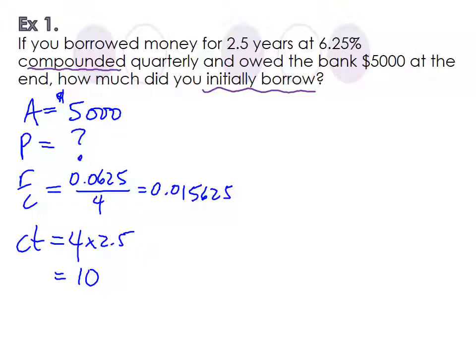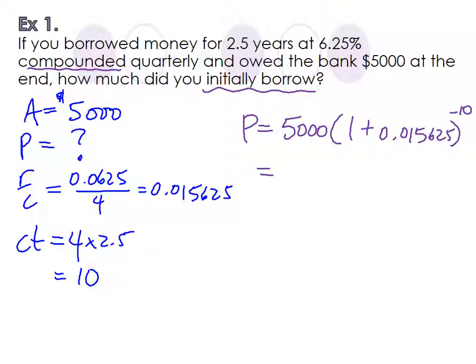For this lesson, I'm going to use formula number 2, the one that has the negative exponent. If you don't like that one, then you can continue the lesson doing option number 1, which has the fraction. So P equals 5,000 (1 plus 0.015625) to the negative 10.